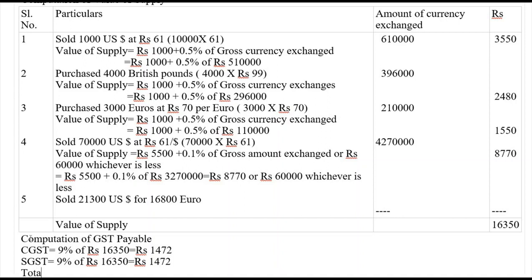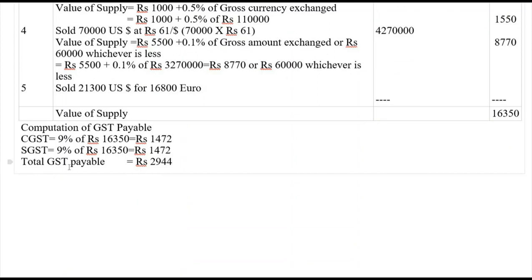So total GST payable comes to rupees 2,944. So this is how we need to calculate the GST under valuation rule number 32 sub rule 2 clause B here.